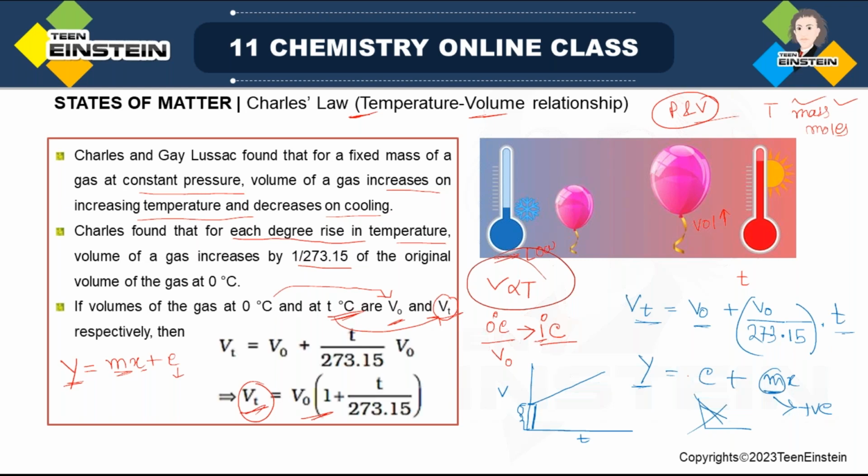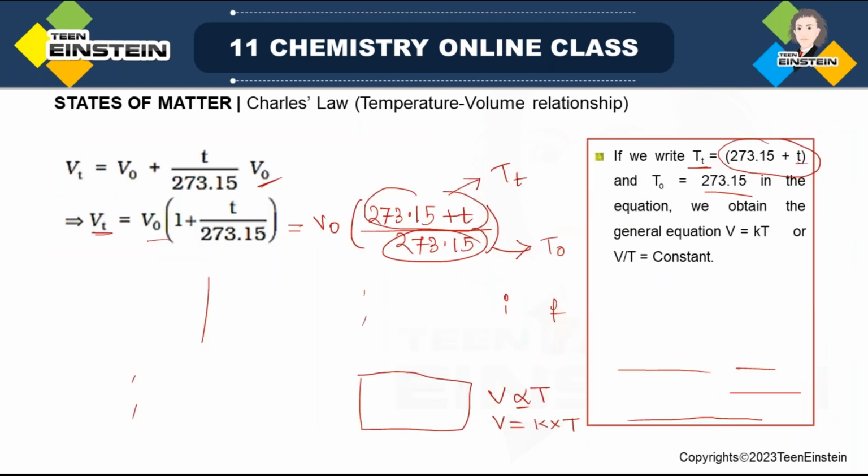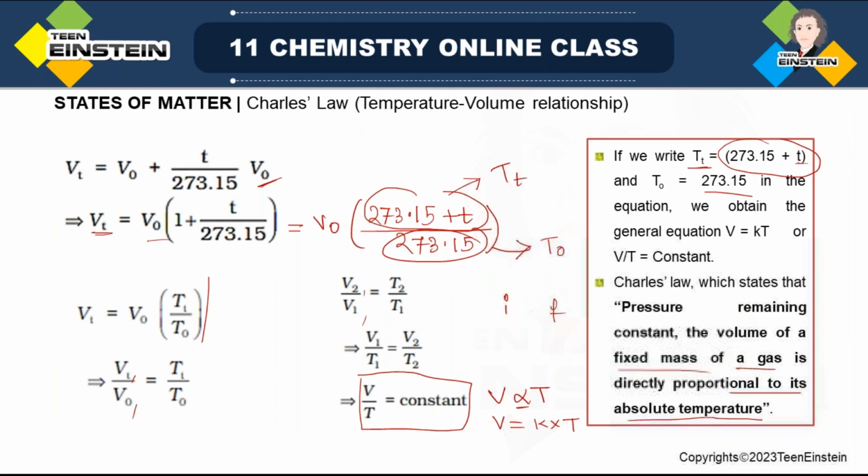But another way we can say Charles law is in terms of the absolute scale. So pressure and mass, these two are fixed. Under that condition, the volume of a gas will be directly proportional to absolute temperature, and absolute temperature you can consider as capital T. Okay.